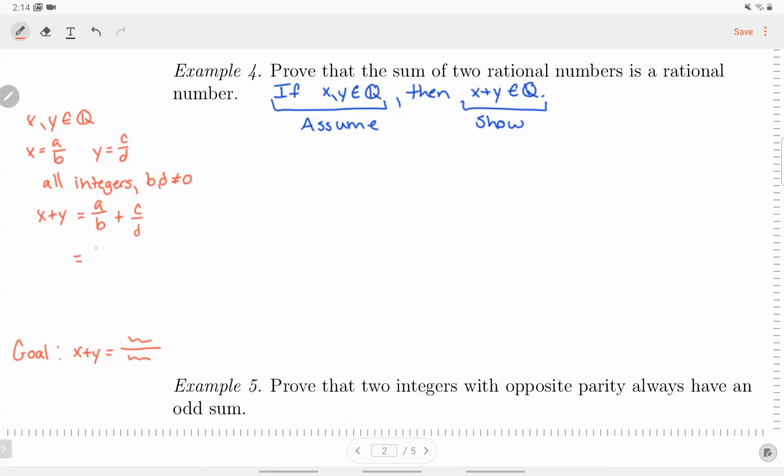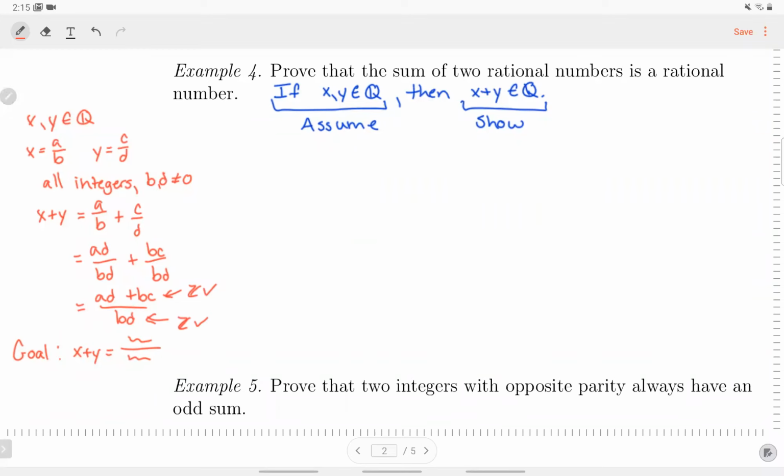Do common denominator, we'll get AD over BD plus BC over BD, AD plus BC over BD. All right, so that was just algebra in there, but I did get to the form I want. I do have an integer, and I do have an integer. The question is, am I dividing by 0? Well, no, B isn't 0, D isn't 0, so their product can't be 0 either. Okay, so that's good. That's the form I want.